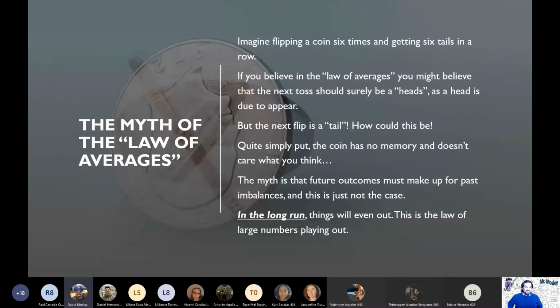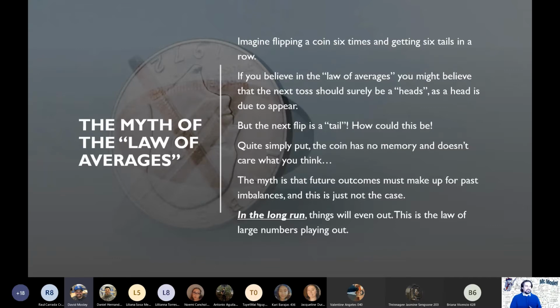In the long run, things will even out. This is the law of large numbers playing out. It has nothing to do with the law of averages. That's not a thing. As far as probability is concerned, we have the law of large numbers. However, if you're thinking of someone gambling, for it to quote unquote even out, for them to get to that win because of the law of large numbers, could take several thousands of iterations.